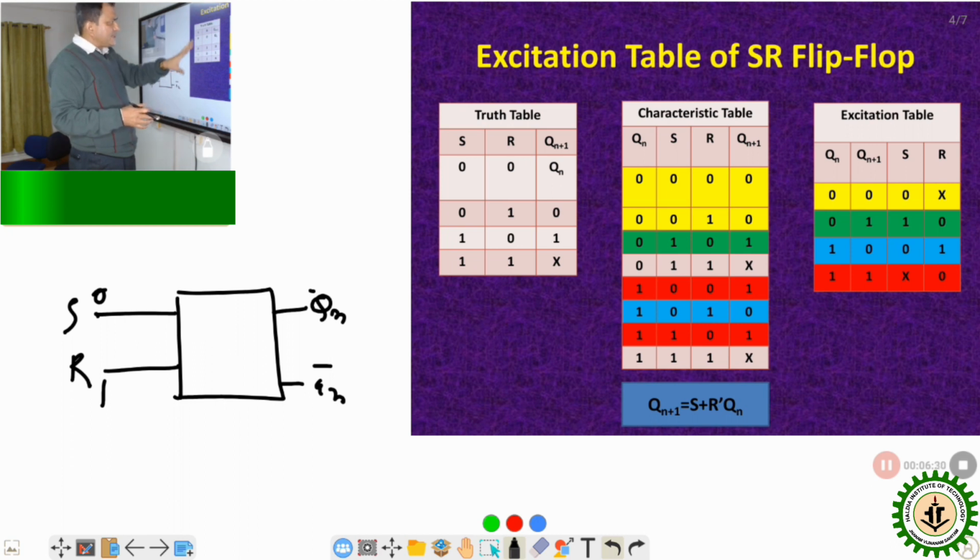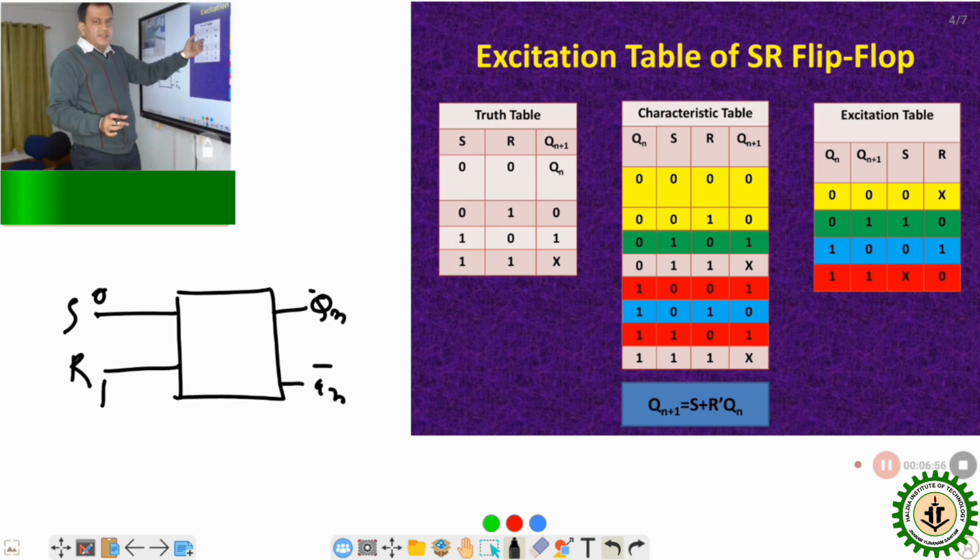We will introduce this characteristics table for each and every flip flop. So what is that? It is nothing but the SR flip flop truth table along with one more column, that is Qn, which is the present state. Now whenever we are giving an input, suppose 0 0, we are saying there will be no change.